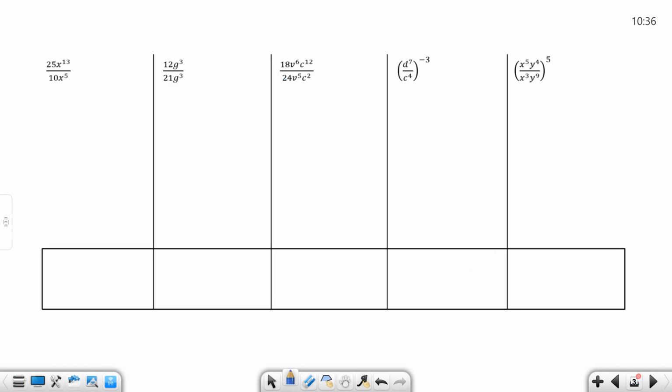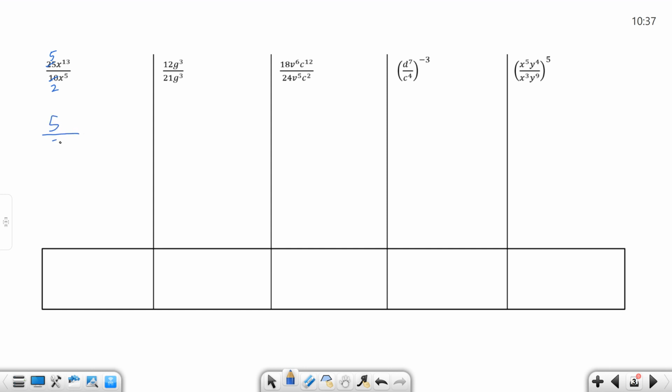And then 25x to the 13th over 10x to the 5th. This is the same type of problem. The next two are just like the two I just did. What goes into both 25 and 10? That's right, 5 goes into both of them. 5 goes into 25 5 times, and into 10 twice.